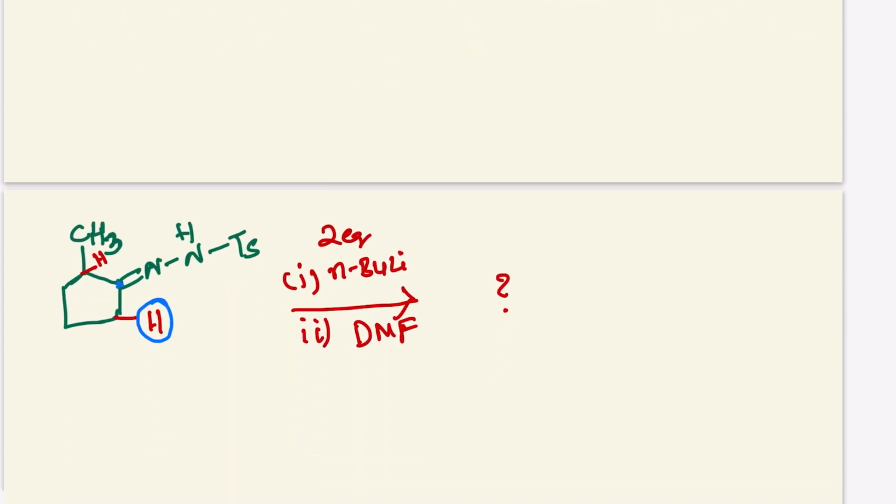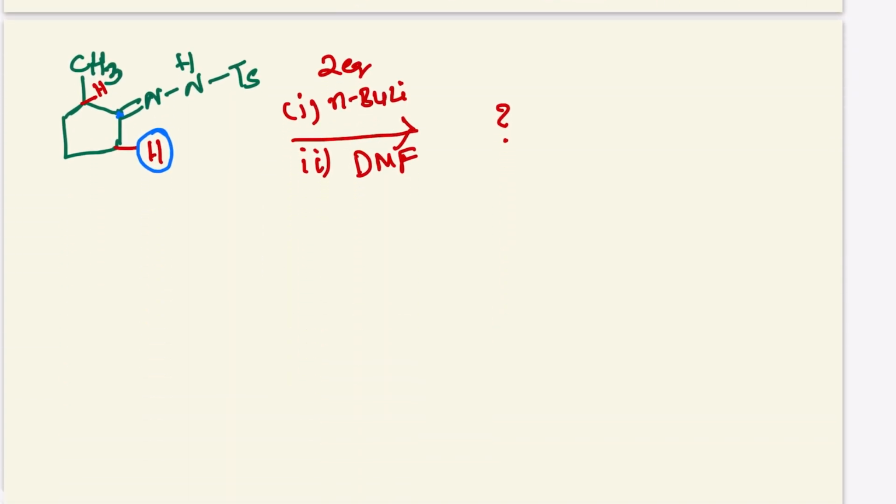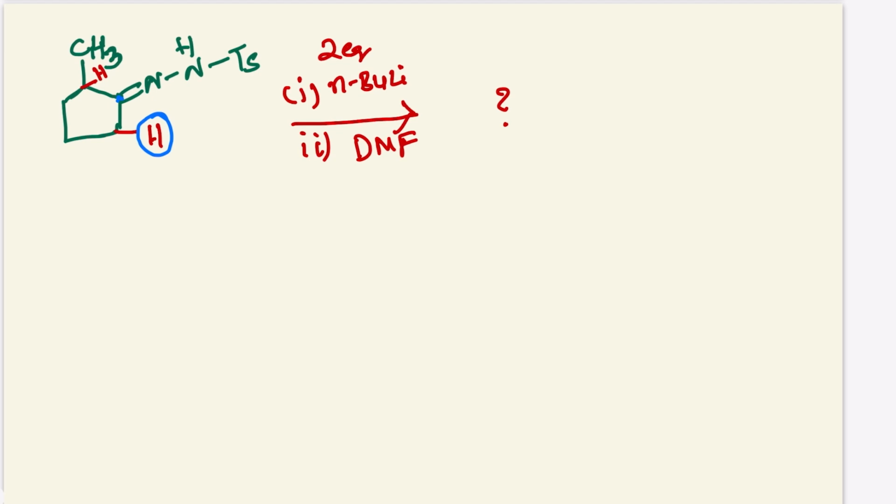Let us look into the other question, where we have a tosyl hydrazone that is also unsymmetrical. There are two alpha hydrogens here. This one is the more substituted, a tertiary, and this is the secondary.